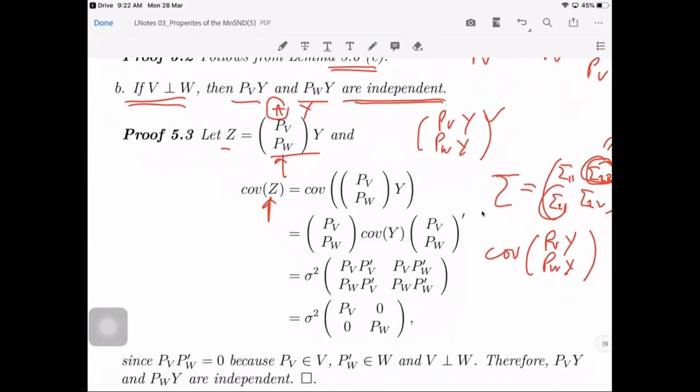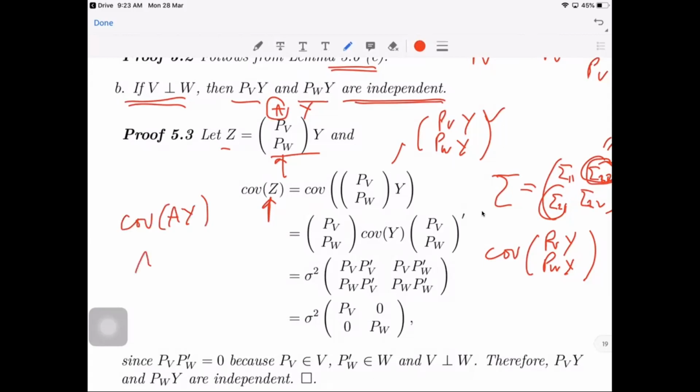So to see that, we just substitute it in this manner. So it looks like the covariance of AY, no? So the covariance of AY, by the previous result, is A covariance of Y and then A prime. So your A here is this.